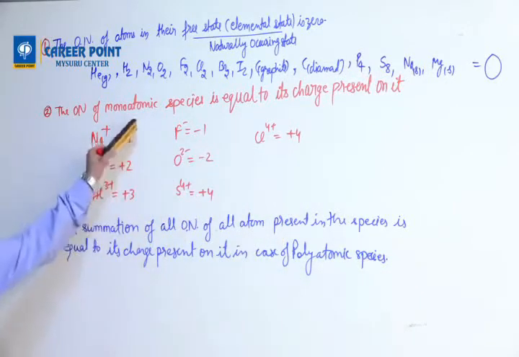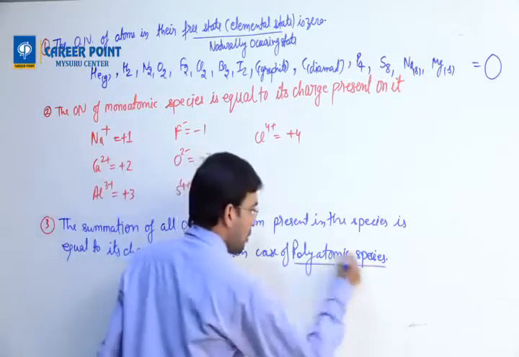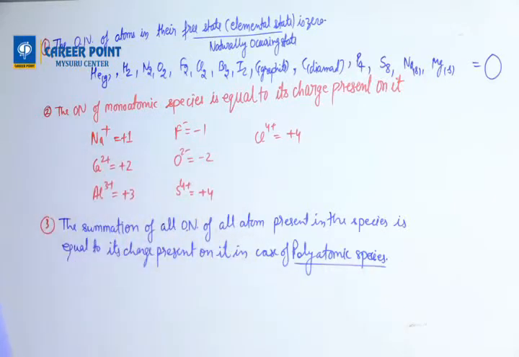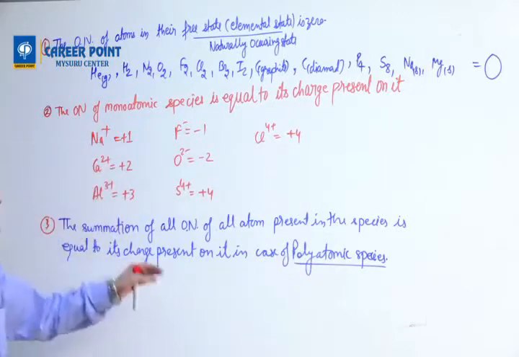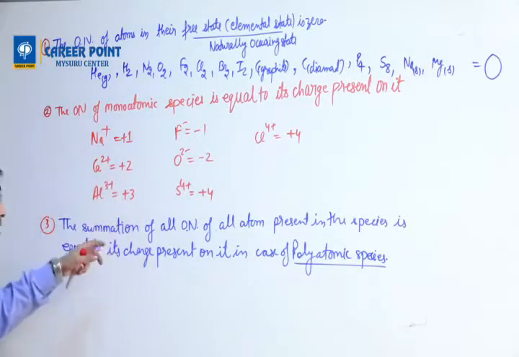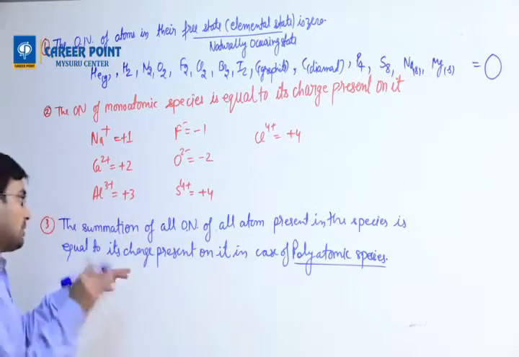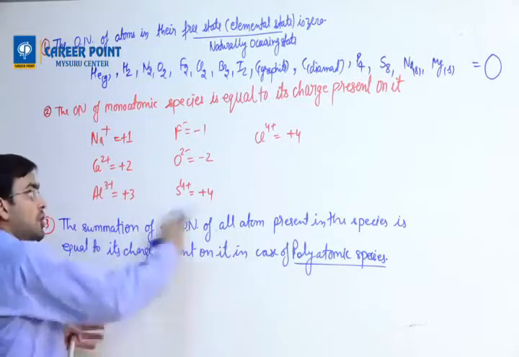This is for monoatomic, this is for polyatomic species. In case of monoatomic, it is equal to charge, but in case of polyatomic, it is the summation of all the oxidation numbers.